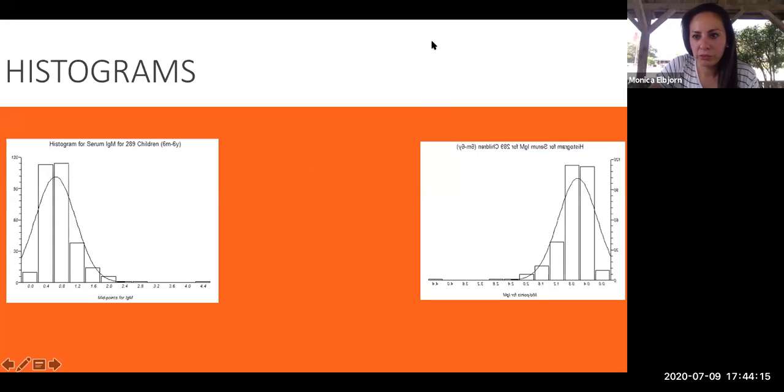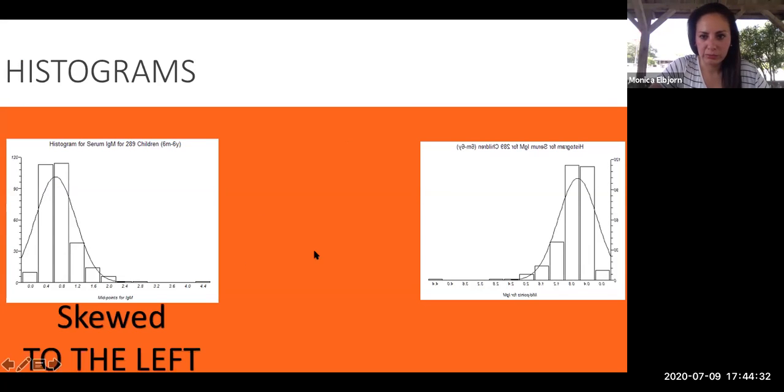I don't know if you remember, but we were talking about having our data. We also talked last week about an outlier. So whenever we have our data, it could be skewed to the right, or it could be skewed to the left. Remember you did a histogram for homework?